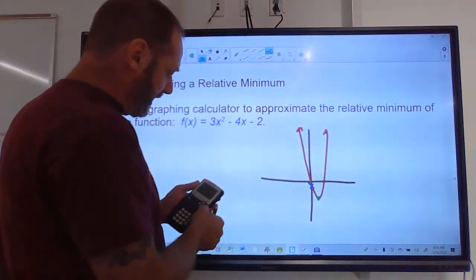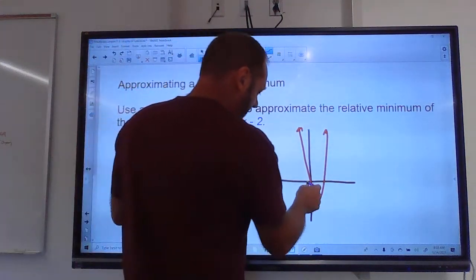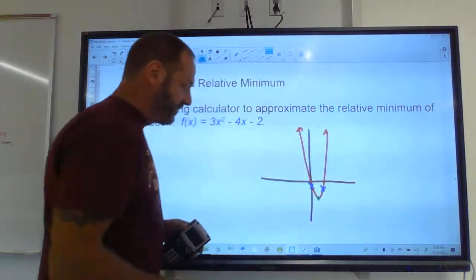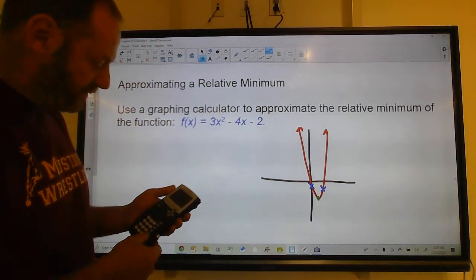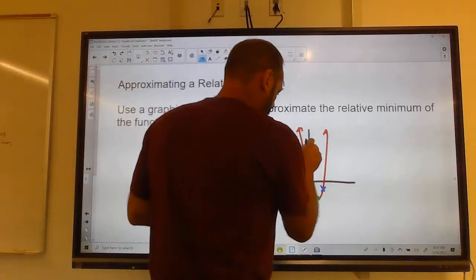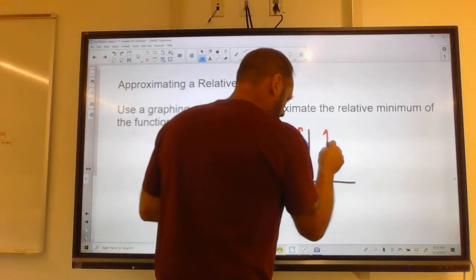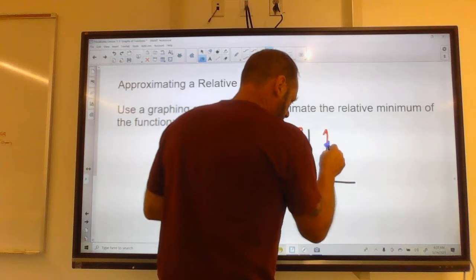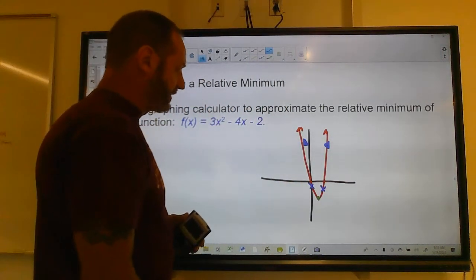And now I'm going to use my right arrow key, and I'm going to move this X so that it's over here on this side of the minimum. And notice it says right bound now on the bottom, so hit enter again. And you can also see that it puts these little triangles right here, like this. And what it's going to do is find the smallest place between those 2 points, okay?